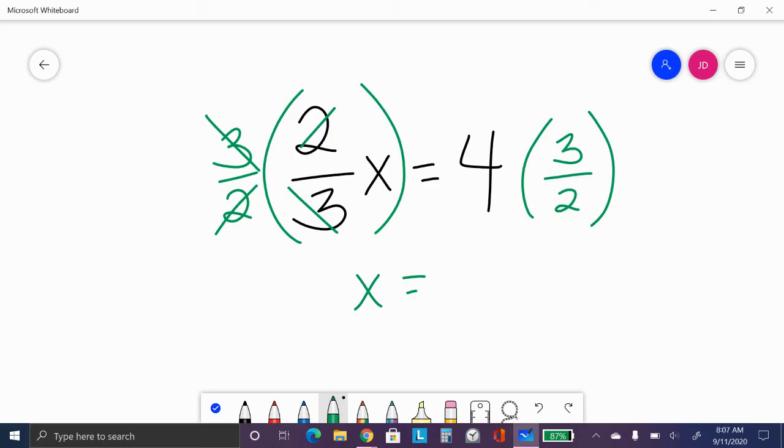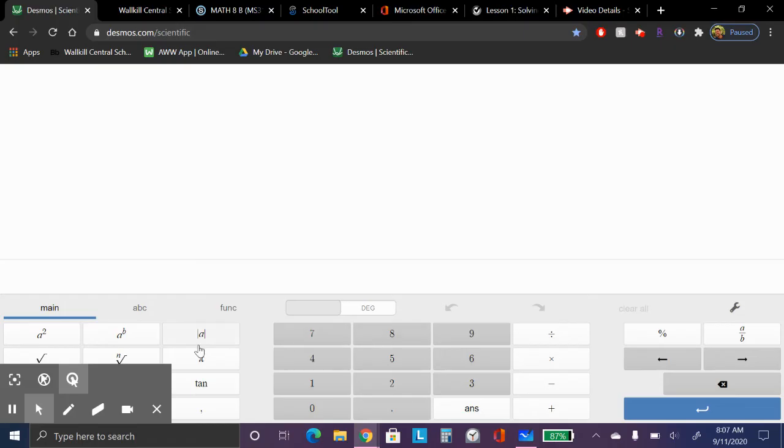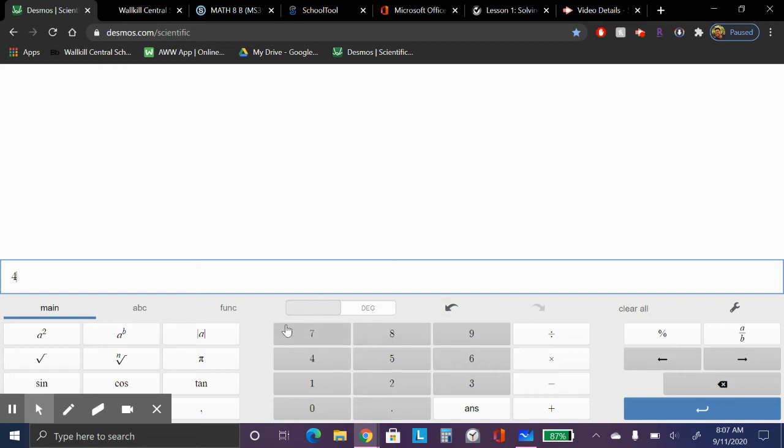Now, if you don't know how to do this, you could do it in the calculator: 4 times 3 divided by 2 all in one step. If you're using the Desmos calculator, which I'm going to show you, you would click on 4, and then I use parentheses.